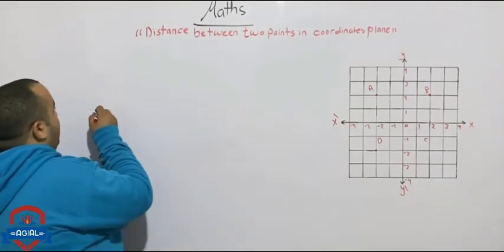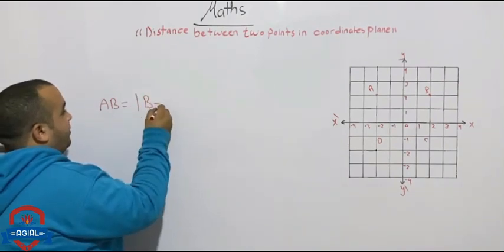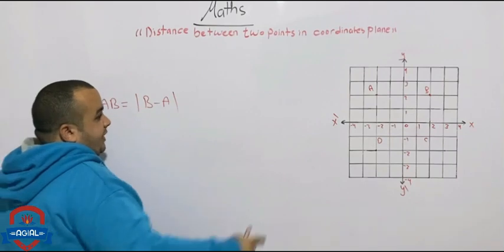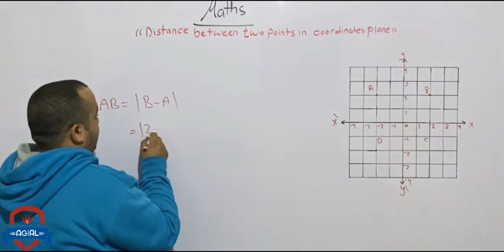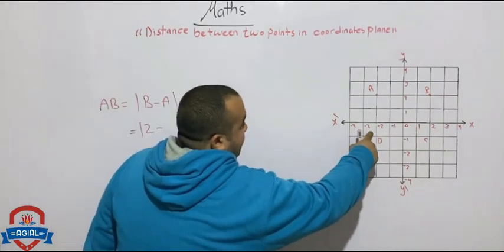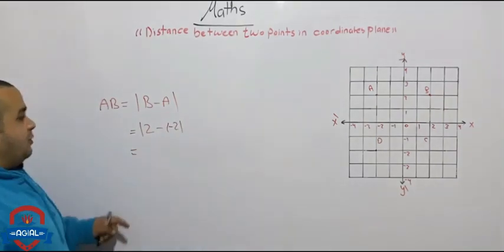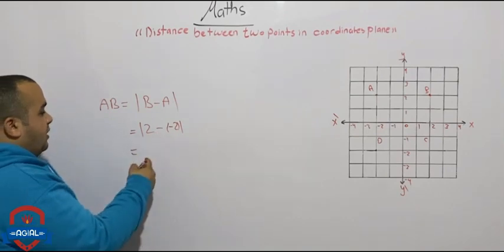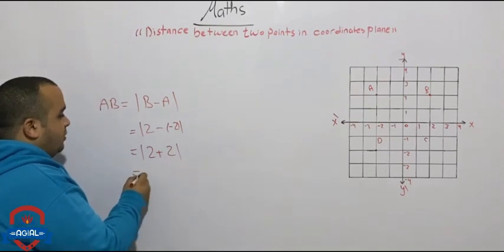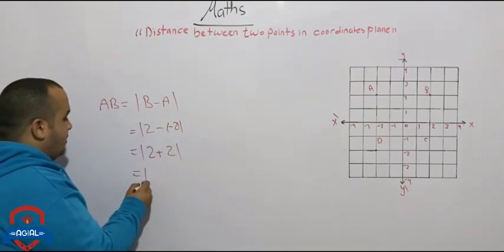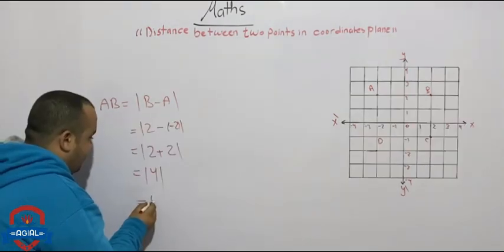So the length of line segment AB equals the absolute value of B minus A. On XX dash, B equals 2 and A equals -2. So the absolute value of 2 minus -2 equals the absolute value of 2 plus 2, which equals the absolute value of 4. And the absolute value of 4 equals 4.